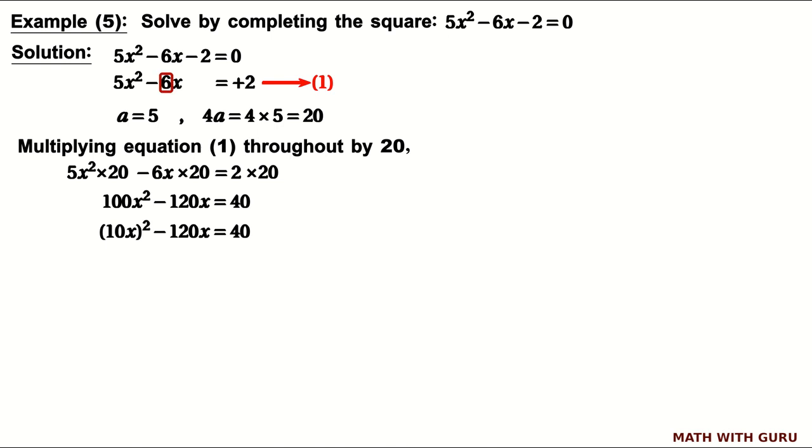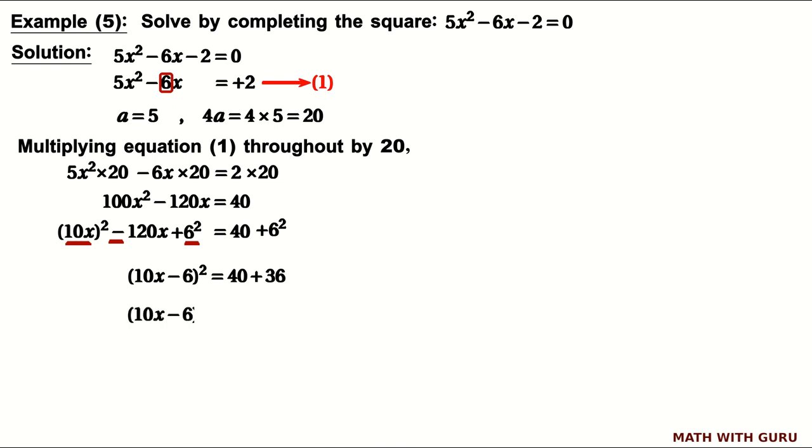Consider this 6, coefficient of x. Add 6 square to both the sides. Consider 10x, then 6. We have negative sign here. Therefore, this can be factorized as 10x minus 6 whole square equals 40 plus 36. 10x minus 6 whole square equals 76.